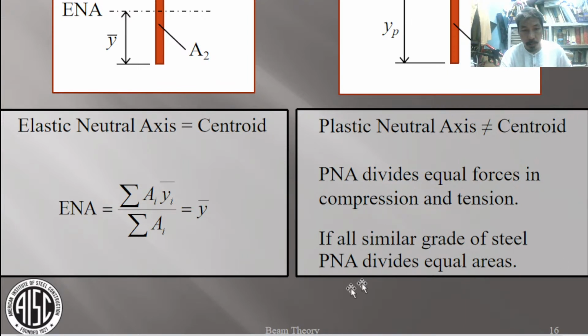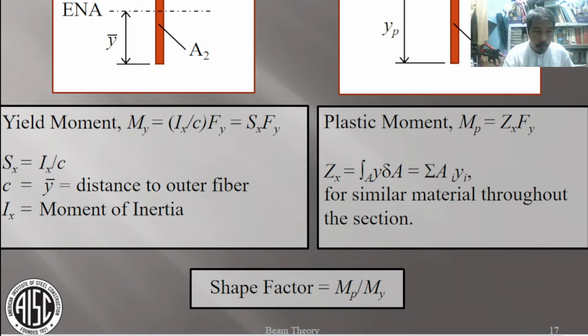So we have, therefore, just multiply every small component, then summation, or we can have the total section modulus.